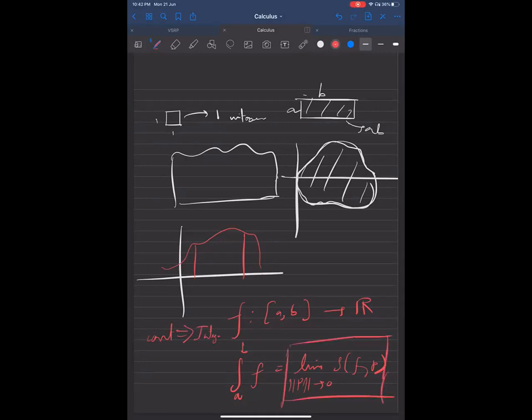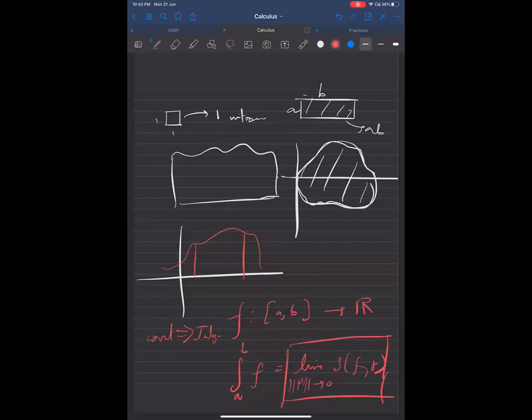As I said at the beginning of the class, our integral, our derivative, all these things are basically a limit of some particular function. If the limit exists, then we say the thing is integrable or differentiable, and if the limit doesn't exist, then we say the thing is not integrable.